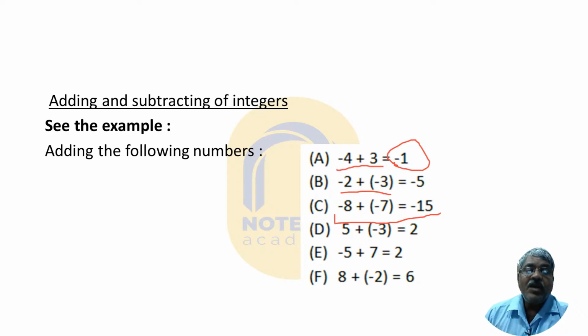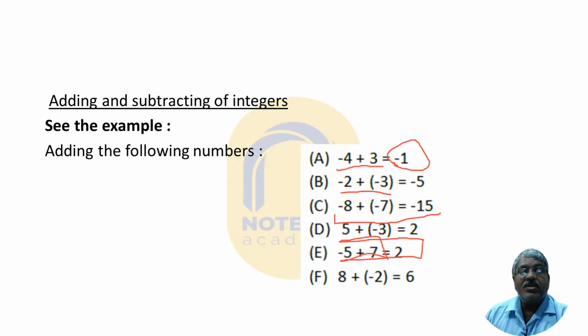When two different sign numbers are there, simply subtract them and the sign will come from the greater number. 7 minus 5 is equal to 2, and the sign will come from 7. 7 is plus, so we don't need to put a sign.